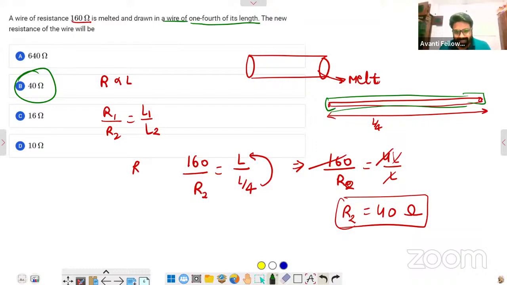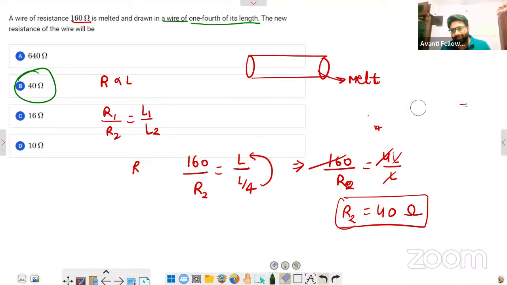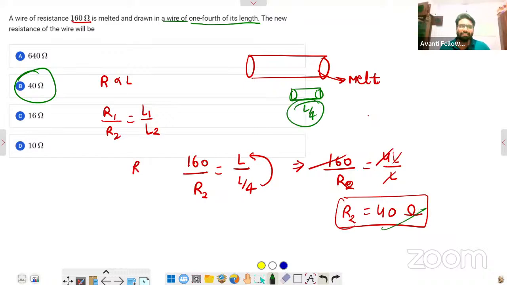Length is decreased, so the wire must be drawn like this. This is the wire now, L/4. That is why the resistance is decreasing. Very good, Sneha.